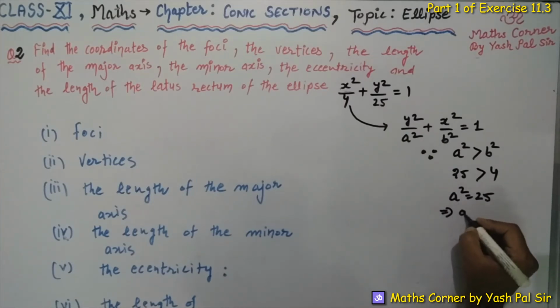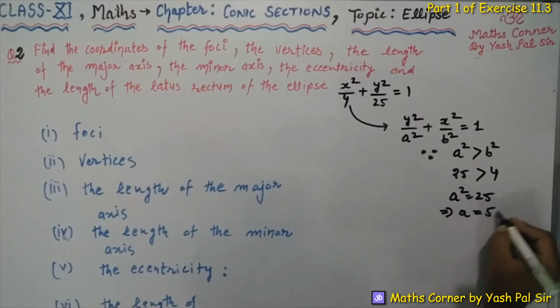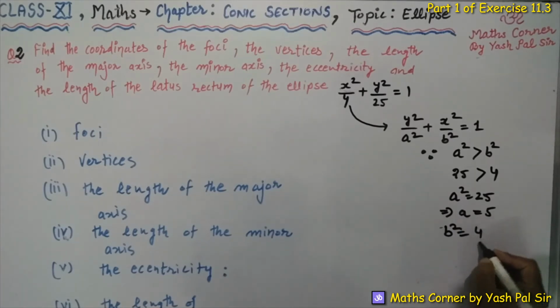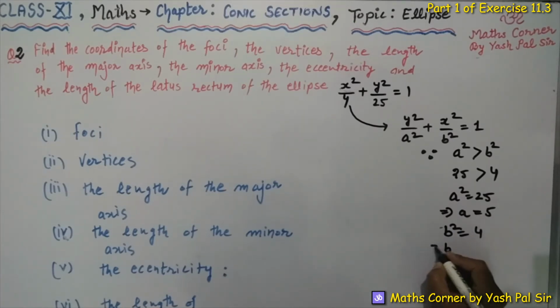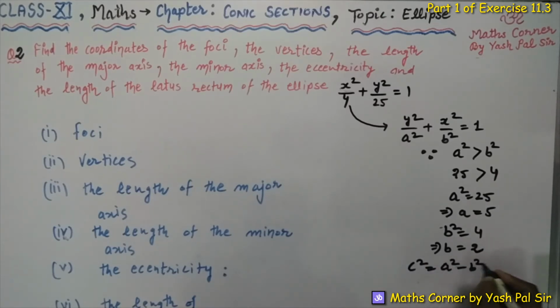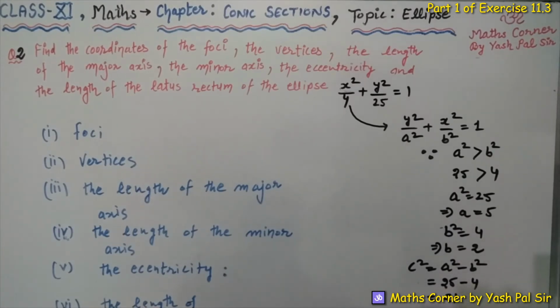That means the value of a is 5. b square is equal to 4. So we have b is equal to 2. From here we can find c square is equal to a square minus b square, which is equal to 25 minus 4 equal to 21. So c is equal to plus minus square root of 21. Right?